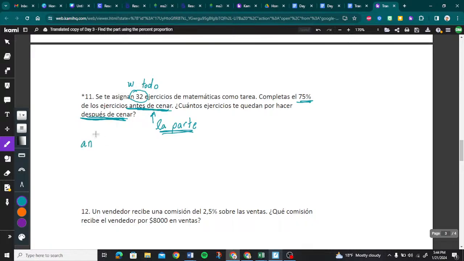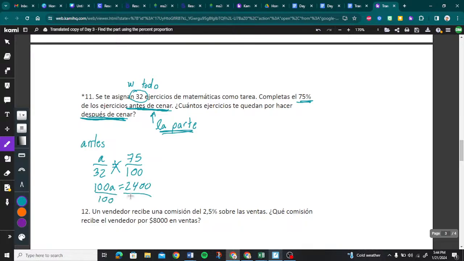So before dinner, we've got A over 32 equals, because that's el todo, percentage over 100, cross multiply. 100A equals 75 times 32, which is 2,400.